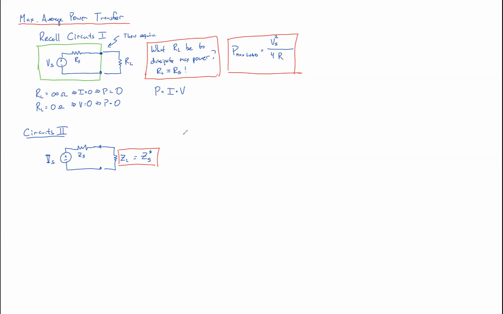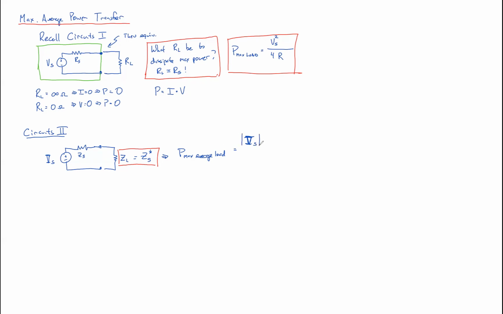And when this happens, the P maximum average load, we have to talk about averages now, is going to be, here's our voltage phasor.